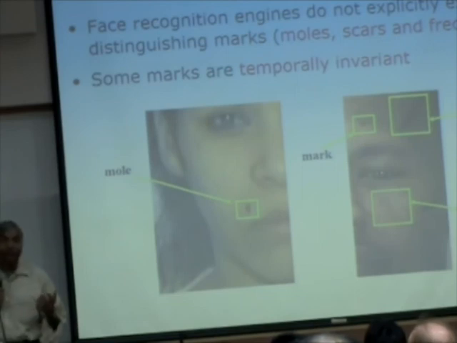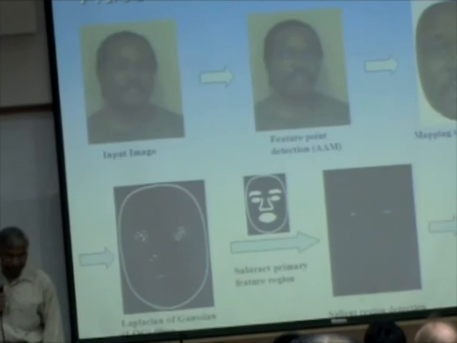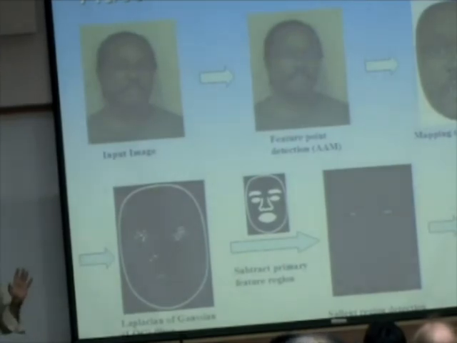And so if you want to do this, first we have to have a system for automatically extracting these things. So this is what we are currently working on. Automatic face mark detection. And again, this is where the AAM model comes in useful.